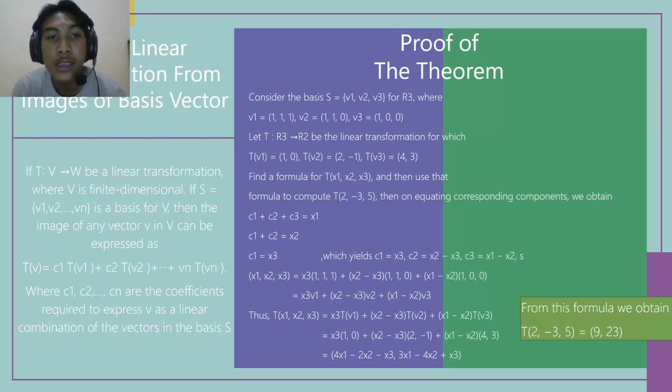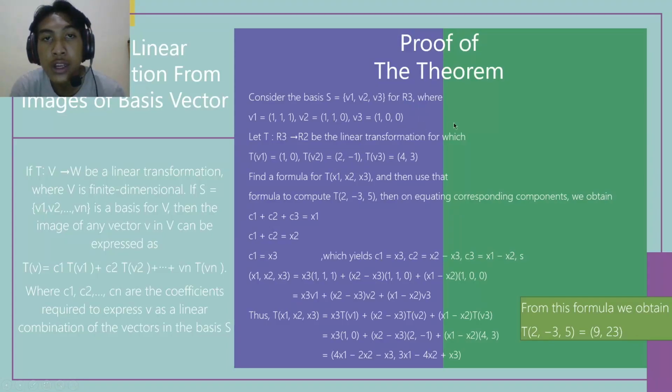If S equals V1, V2, and so on until Vn is a basis for V, then the image of any vector V in the space V can be expressed as T(V) equals C1 times T(V1) plus C2 times T(V2), and so on until Cn times T(Vn), where C1, C2 until Cn are the coefficients required to express V as a linear combination of the vectors in basis S.